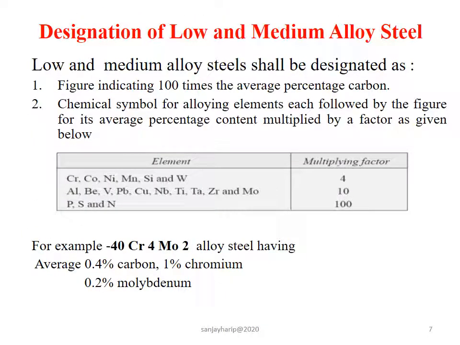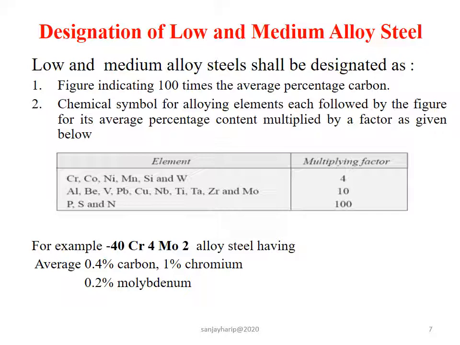Let us see another example of alloy steel as shown on the slide. 40Cr4Mo2. It's an alloy steel. The 40 indicates the average 0.4% of carbon. Chromium is 1%. Molybdenum is 0.2%. In this designation, the first figure indicates 100 times average percentage of carbon.